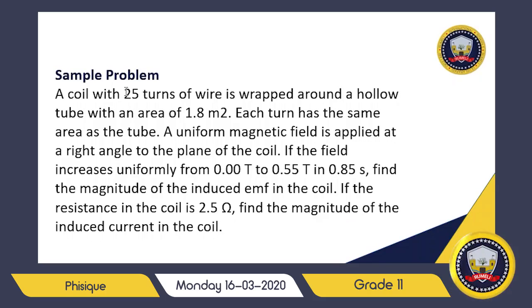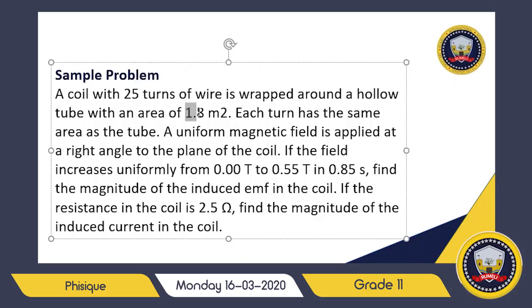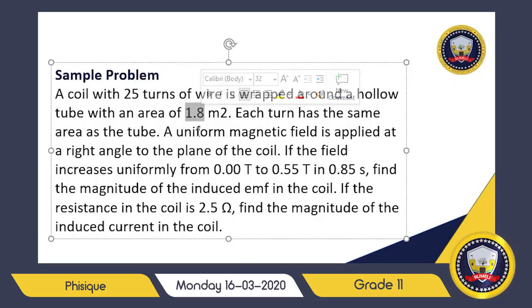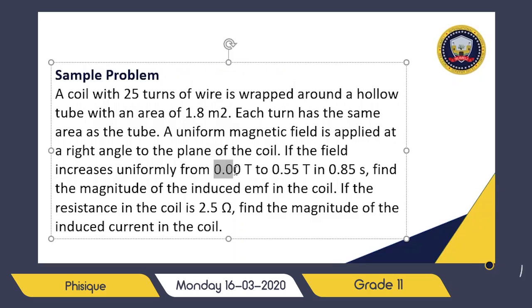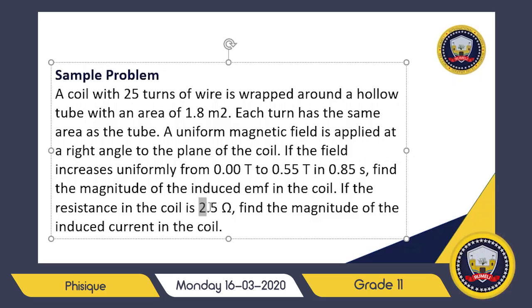As given, first we have N equal to 25, the area A equal to 1.5, B initial, the initial magnetic field, equal to 0, the final magnetic field B final equal to 0.55, time equal to 0.85 seconds, and the resistance R equal to 2.5 ohm.